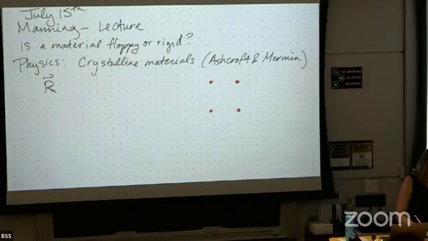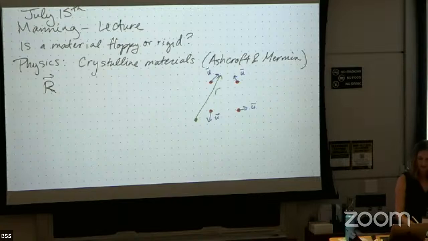Here are some displacements, fluctuations, and we'll call those u. There are these little u's away from the Bravais lattice. If I have some coordinate system, then the total location of each atom in my lattice is given by a little r vector, which is a function of displacements away from the Bravais lattice.